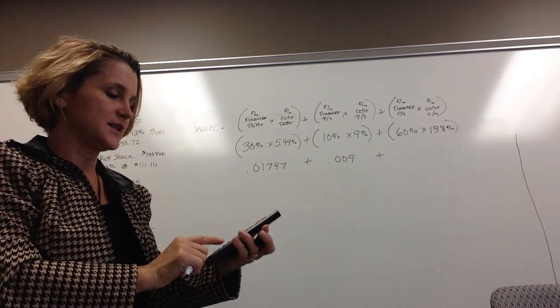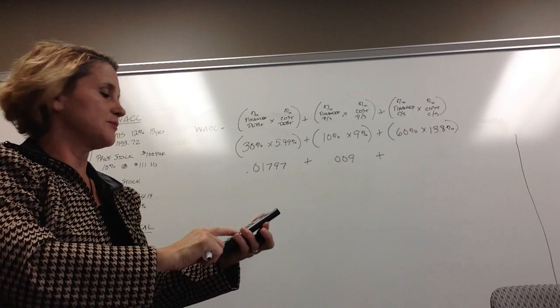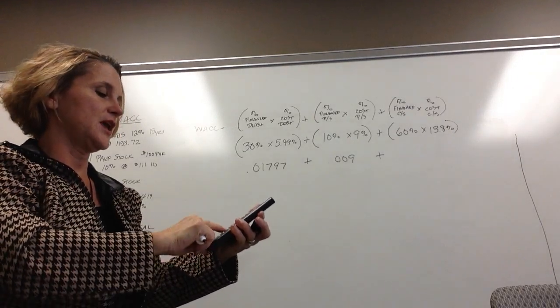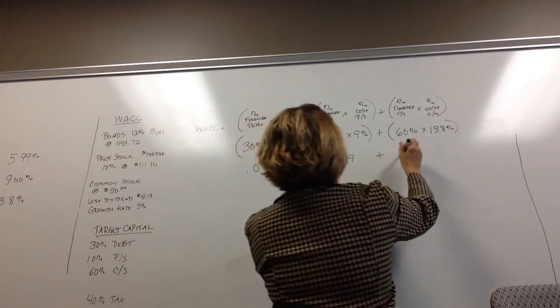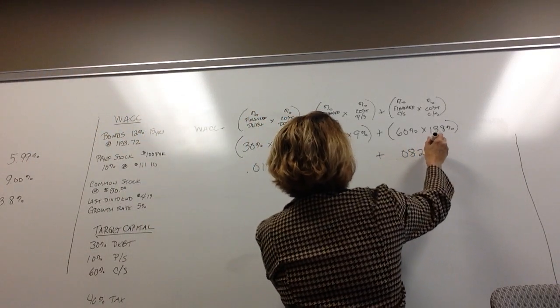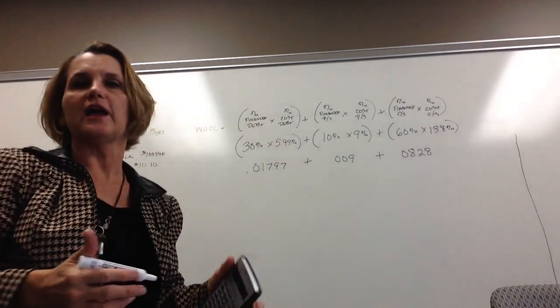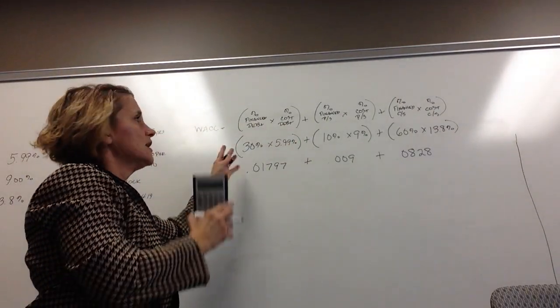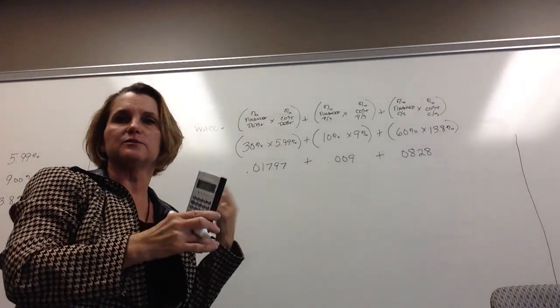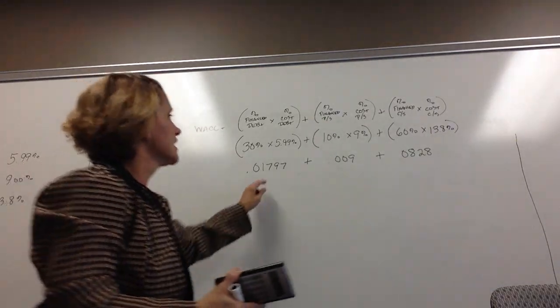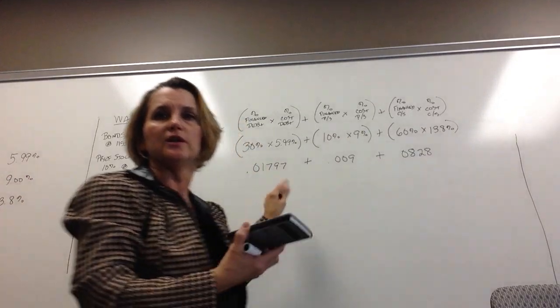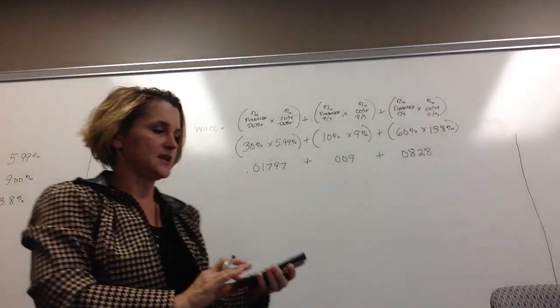And then my third one, 60, push the percent button, times 13.8, push the percent button, and then push equals, and that's 0.0828. Again, you don't have to do it that way, but just be very careful that you're not intermingling decimals with percentages. You've got to get them all into percentages or all into decimals, and I feel like this is just the easiest way to do it without making any mistakes.